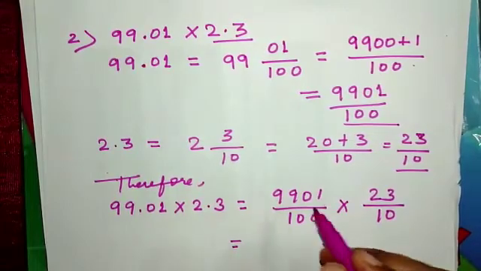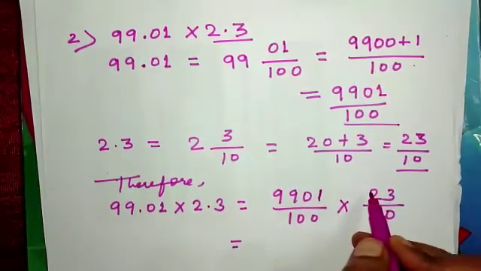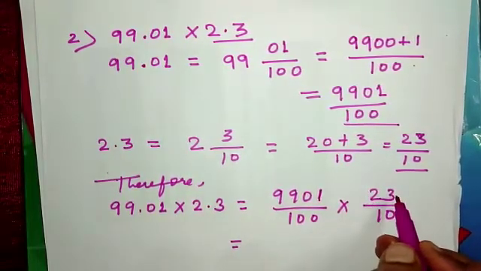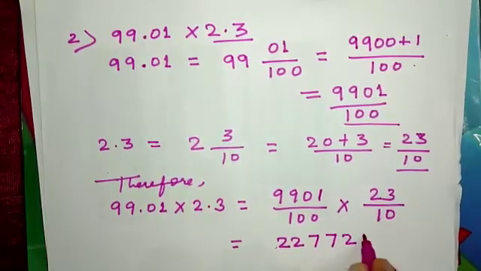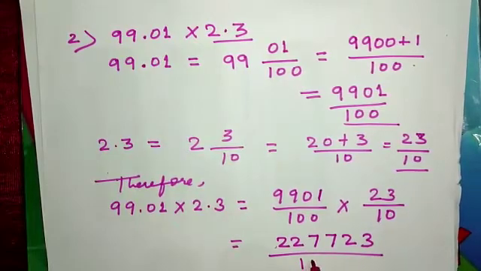Same way, numerator will multiply with numerator and denominator with denominator. So the answer we will get is 22773 after multiplying, and down we will get 1000.